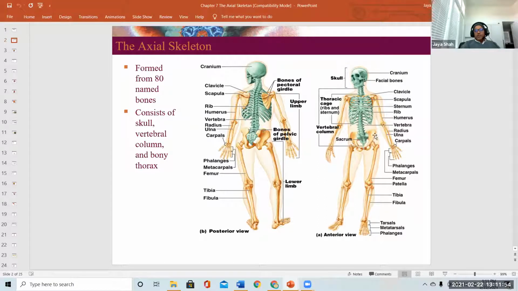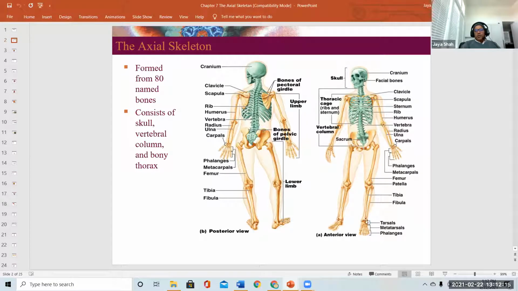Pelvic girdle has pelvis bones. They are made up of 3 bones. They are pubis, ilium, and ischium. And then bone in the thigh is femur. The kneecap is patella. In the leg bone, you have tibia, fibula.